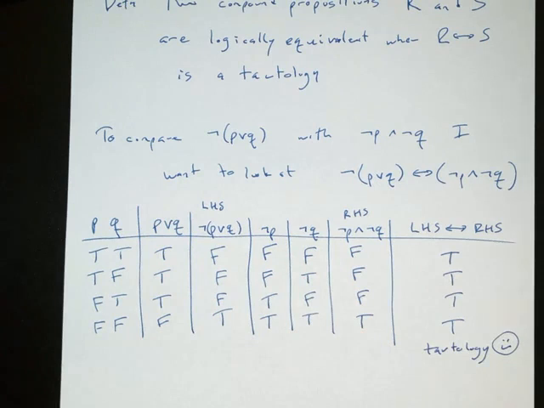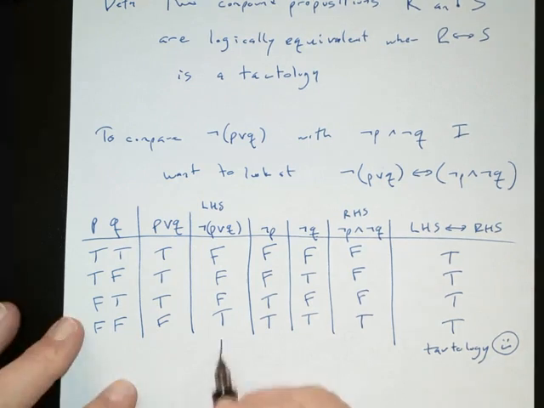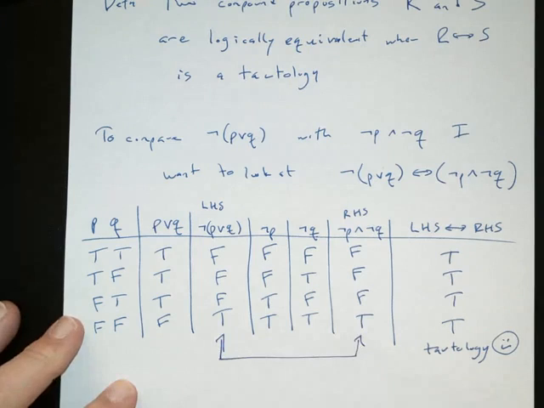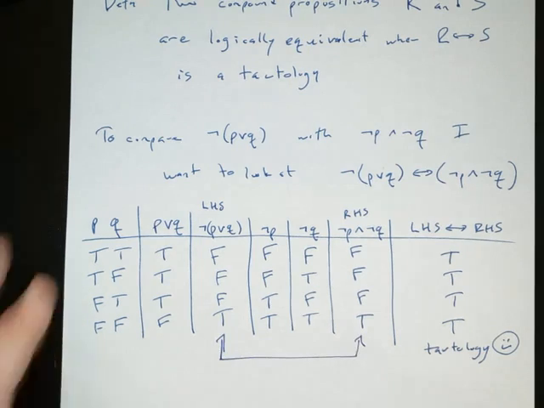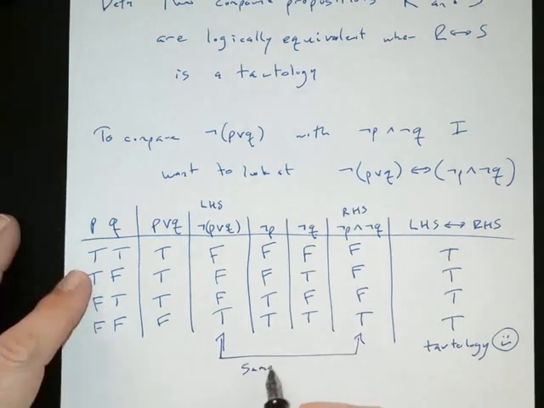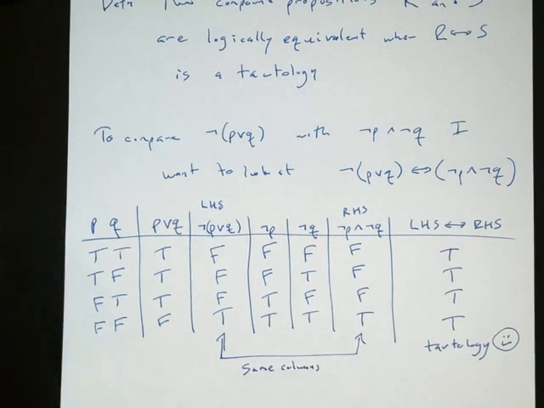Now I can be sneaky and I can say, hey, wait a minute. I knew these were going to be equivalent when they generate the same truth table. So really, when I compare this column and I see that they're the same, I know this is true.